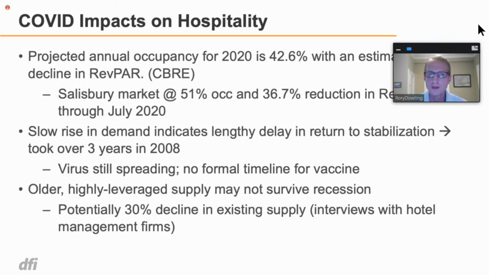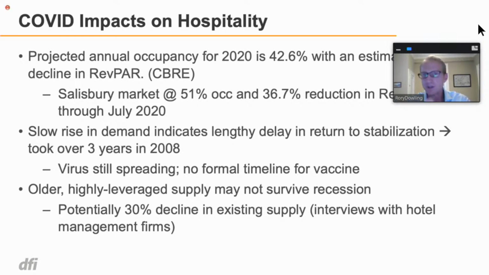I will note that through July, we were able to get some data for the Salisbury market from James over at TDA. The market is at 51% occupancy, so definitely above where some other markets are today in response to COVID. That's a very positive indicator.